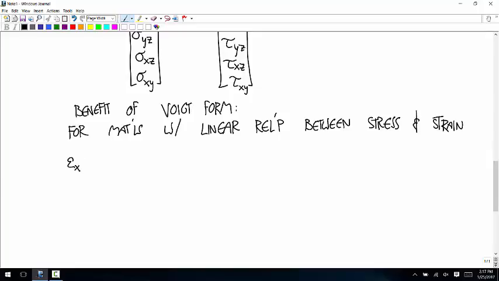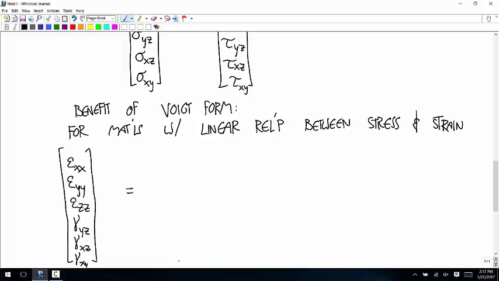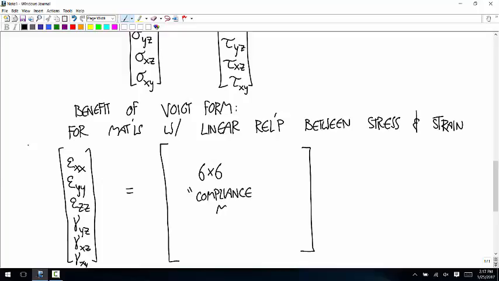The Voigt strain is equal to a matrix. This is a 6x6 matrix called the compliance times the Voigt stress.